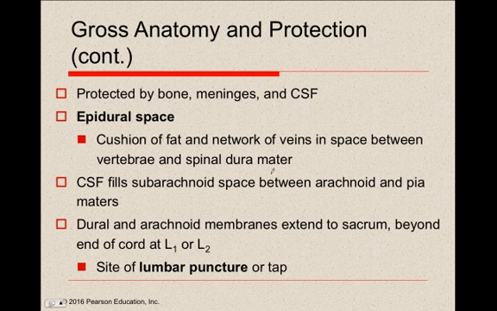That provides some extra cushioning for the spinal cord and helps hold it in place. The cerebral spinal fluid fills the subarachnoid space between the arachnoid layer and the pia mater, and provides cushioning as well as, remember, bringing in nutrients and ions and removing wastes.